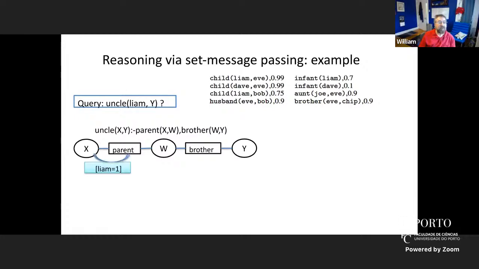We can start out by associating X with a set which just contains Liam with probability 1. Then I can ask, what would happen if I use the constraint imposed by the parent relation? Sorry, I think I've got child instead of parent, but the constraint by the parent relation lets you see the possible parents of X, and you come up with another soft set. That would continue until you got to an answer for the values for Y.